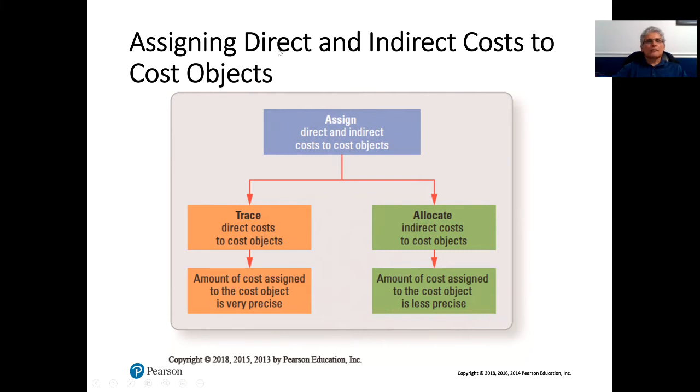Now, when we're talking about assigning direct and indirect costs to a cost object, we're going to go in two different directions. If it's direct, then we can trace it. We can trace the direct cost to the cost object, and then the amount of cost is assigned to the cost object in a very precise manner.